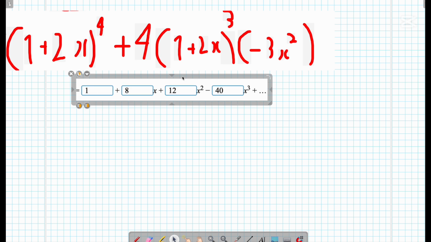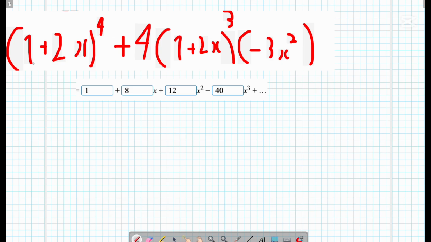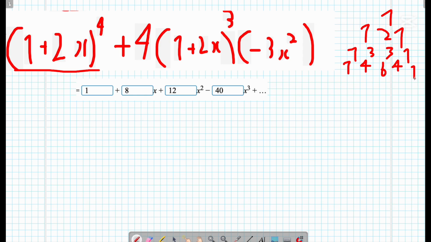Again, we're going to use Pascal's triangle for this: 1, 1, 2, 1, 1, 3, 3, 1, 1, 4, 6, 4, 1.